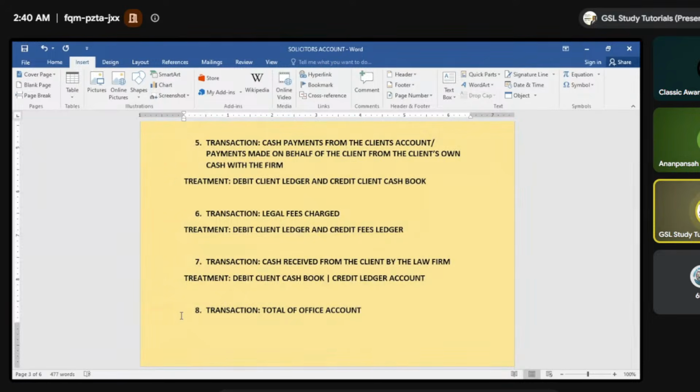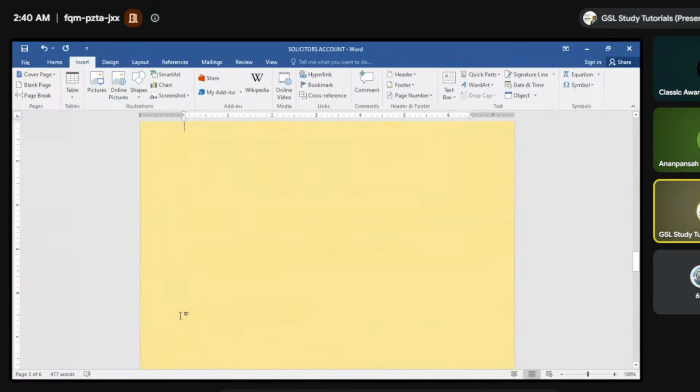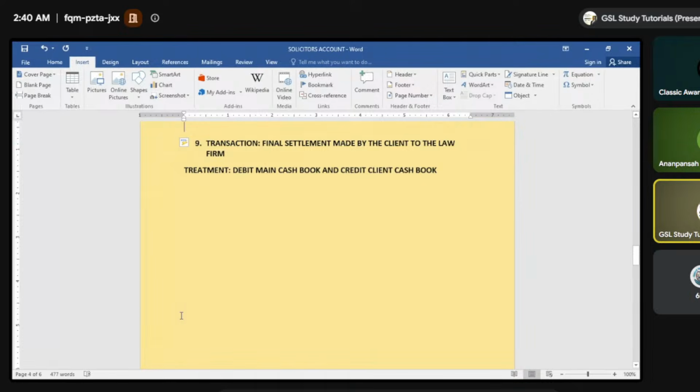Okay, so debit client ledger. Final settlement. Do I have that one here? Final settlement made by the client to the law firm. Okay.